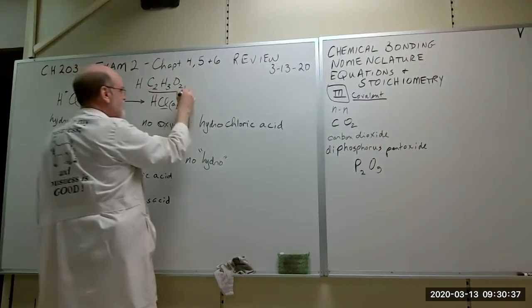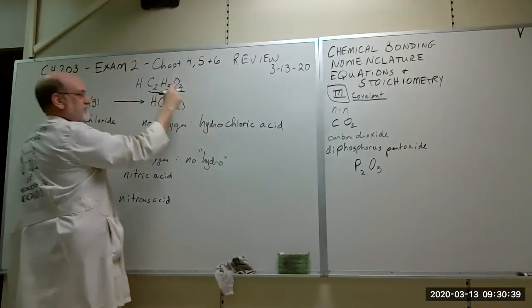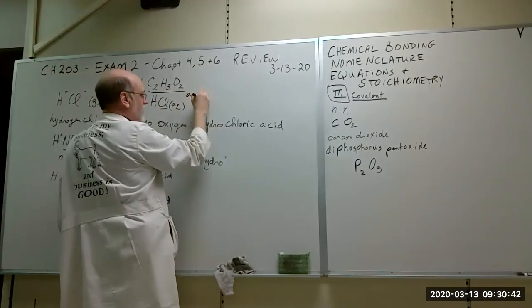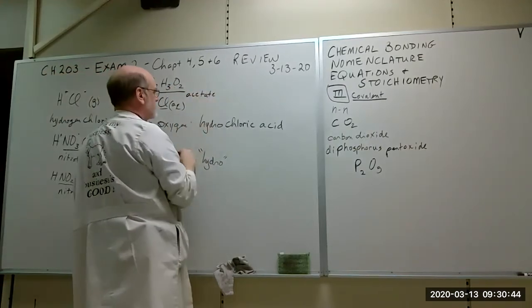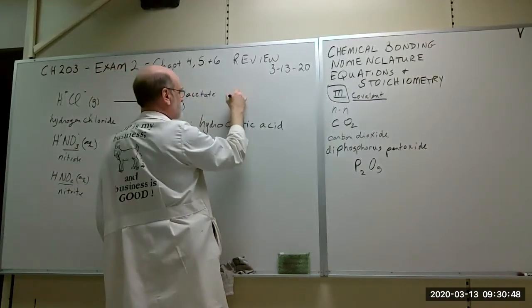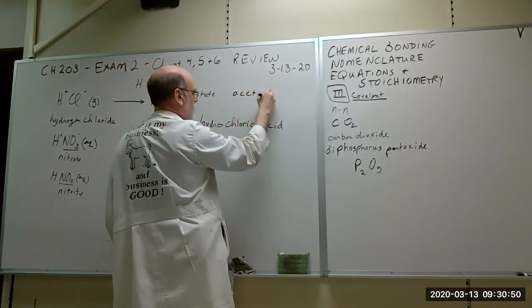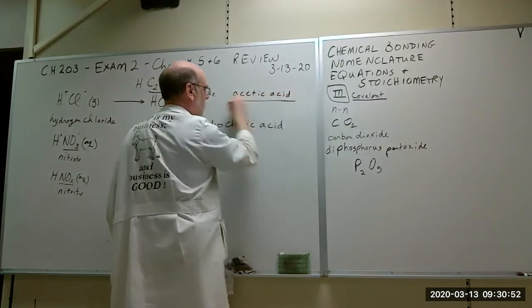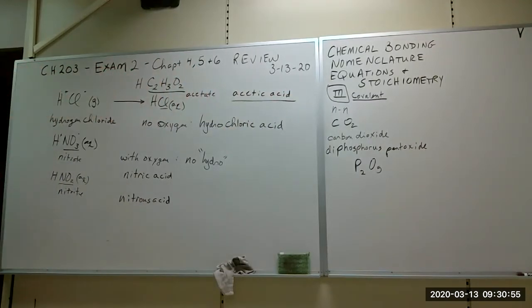So if this is acetate, it has oxygen in it, right? So if we start with "ate," we don't say hydro, but "ate" becomes "ic," so we say acetic acid. Okay? 5% acetic acid is vinegar.